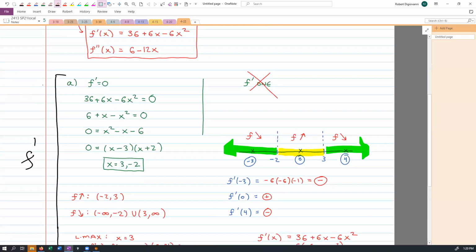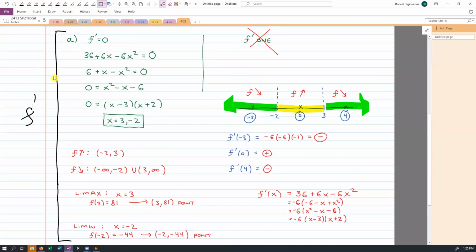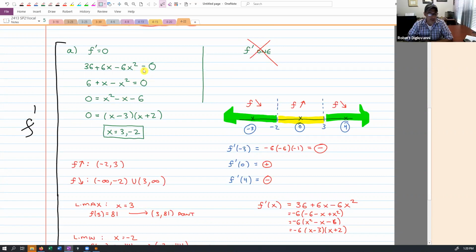When you had the first derivative and you're setting it equal to 0, did you factor out the -6, or did you just leave that out? Well, only because I have an equation, I can divide everything by 6.